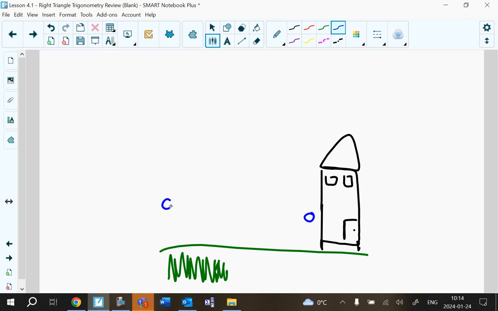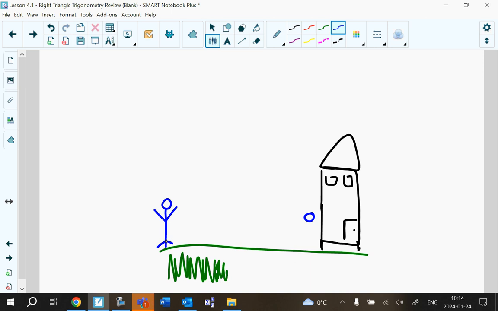That's okay. The height of the building is 150 meters. Somebody come up and label that. No, somebody else. 150 meters. Thank you.